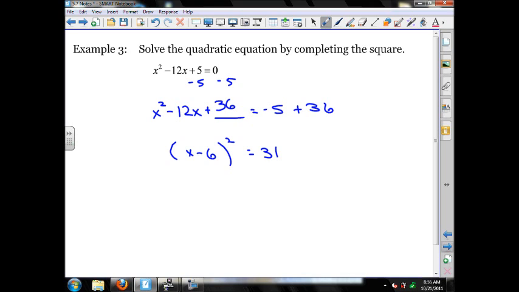And now it's just like the very first example we did. A binomial squared equals a number. So the next step would be to square root both sides. And then add 6.